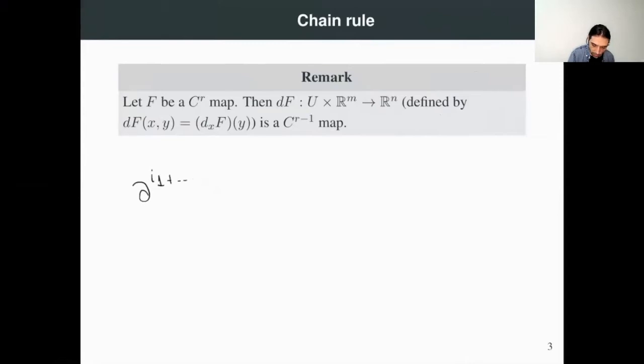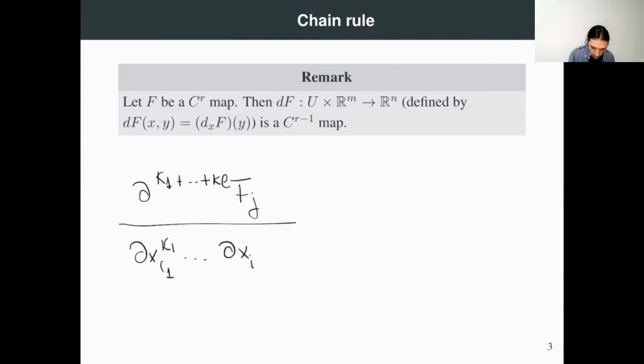We are going to consider partial derivatives of the components of f with respect to our variables, and of course, the sum of the k's has to be smaller than or equal to r. What we ask is that all these partial derivatives exist and are continuous.